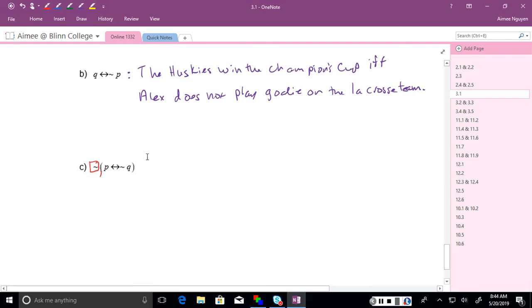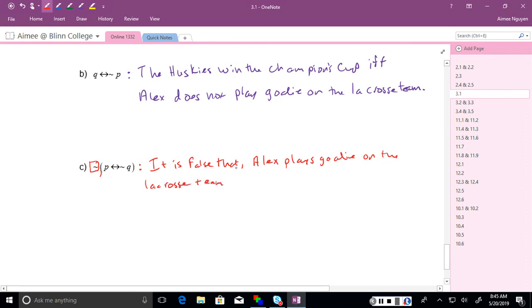So for this one, we're going to start with the negation on the outside, right? So it is false that, comma, Alex plays goalie on the lacrosse team.